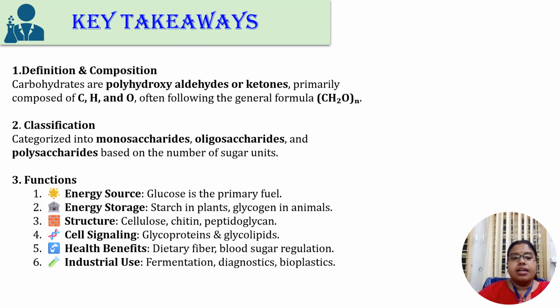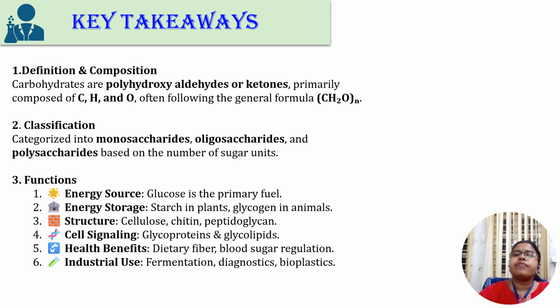So, from today's lecture, what are the key points? That is, what is the definition and the composition of carbohydrates? Carbohydrates are polyhydroxyaldehydes or ketones that are primarily composed of carbon, hydrogen and oxygen. And the most important thing is that here the hydrogen to oxygen ratio is 2:1, so the general formula is (CH2O)n.